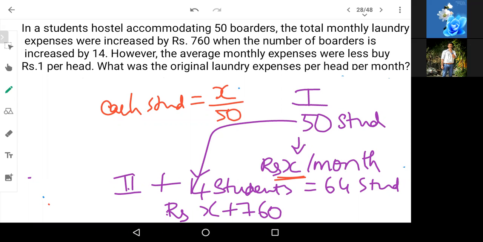Let's say the laundry expenses came to 500 rupees. Now for each of them, what is the laundry amount? If I divide this by 50, I get 10. So for each of them, I can say 10 rupees was the laundry amount.